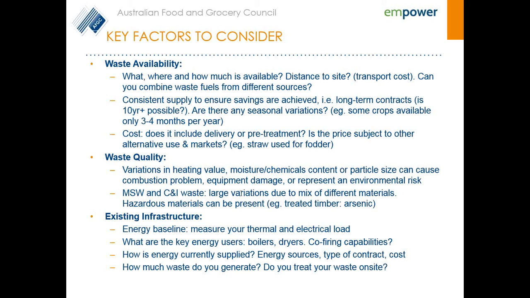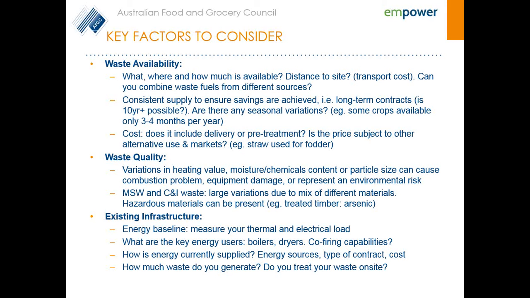So again, what else can you use to make the supply more consistent? Consistency also means consistent quality. If you have a range of different materials, how do I ensure that I get a good mix with consistent quality that will not affect my biomass process?